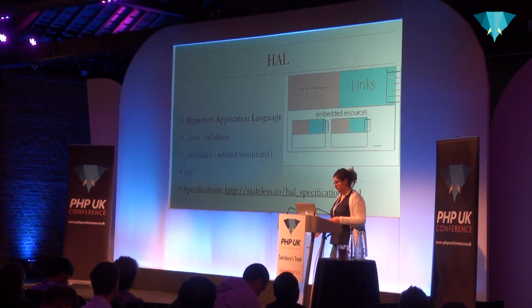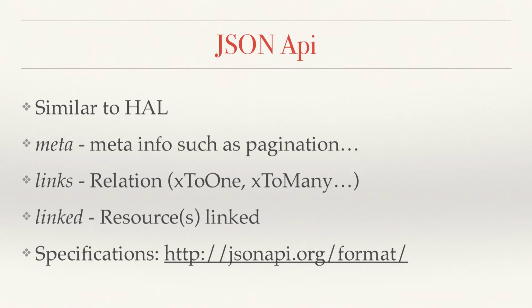JSON API is about quite the same thing, but the main difference is the wording. You have the meta. You have more information. Let's take an example with the pagination. You have the word links. It's about relations. And you have linked for resources that are linked. And it's actually the _embedded in HAL. There is another difference between them.